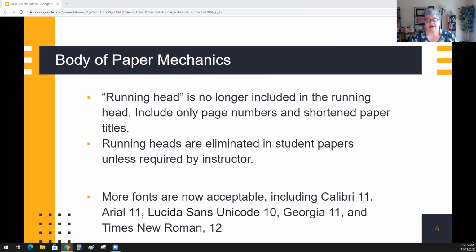And also because JAWS readers that read papers for you online need to have certain sizes of text in order to be able to read those clearly. Any questions about that? Okay, then moving on to the next slide.